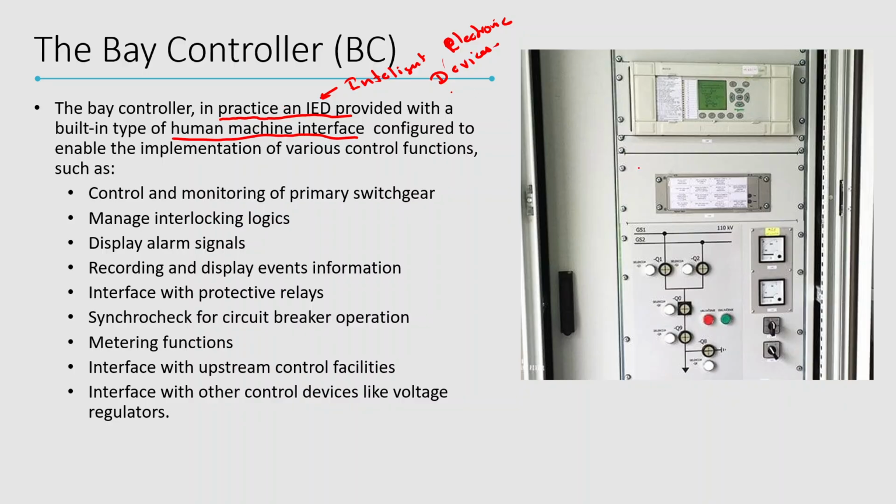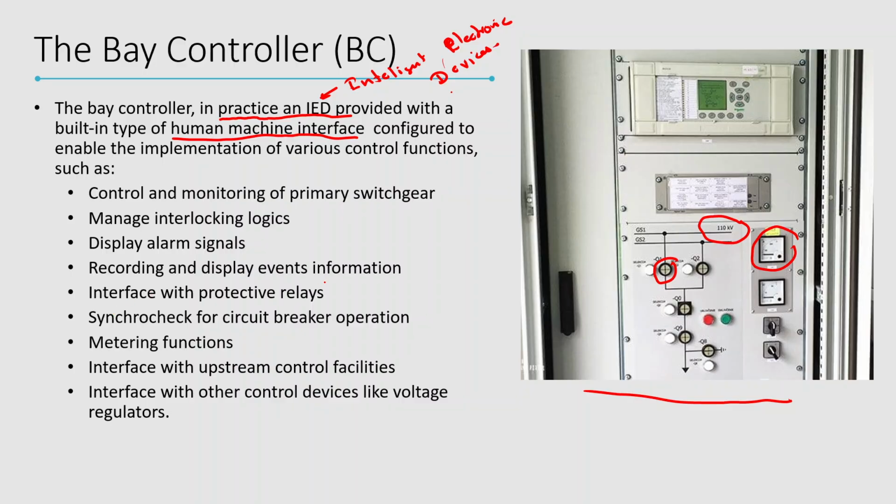You can see here a bay controller for an outgoing feeder, like a 110 kV outgoing feeder. You have the feeder arrangement drawn here, and corresponding metering and indication devices to monitor and control this bay.